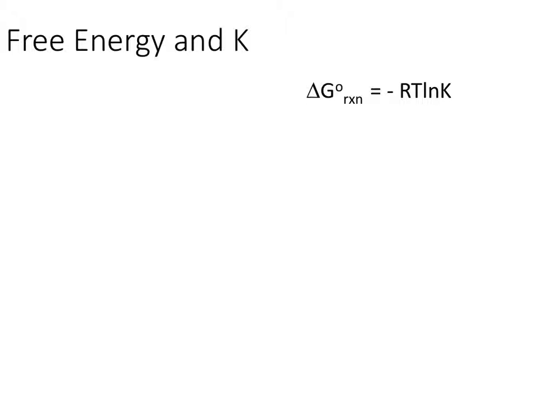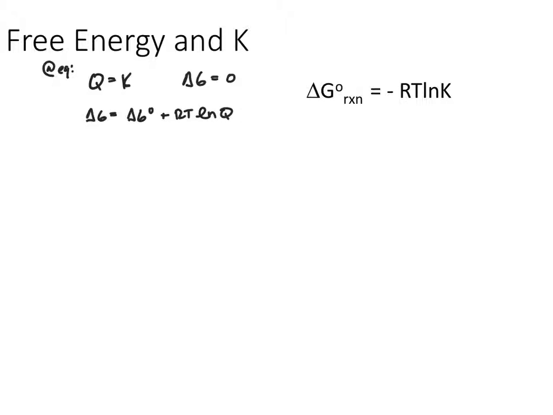We can derive this relationship by remembering, first of all, that at equilibrium, Q is going to be equal to K, and that our delta G is going to equal 0. If we take that into account and look at the equation from our last slide set, we can substitute.